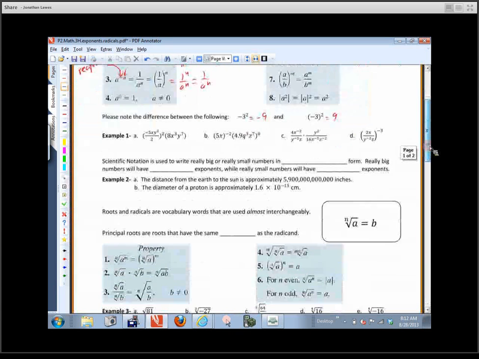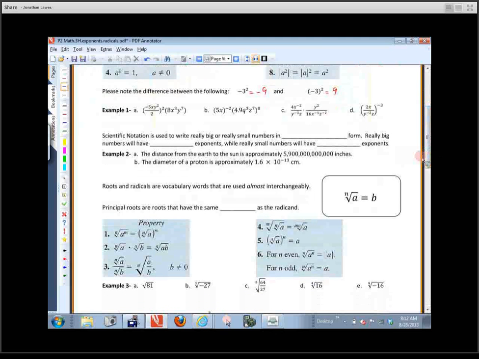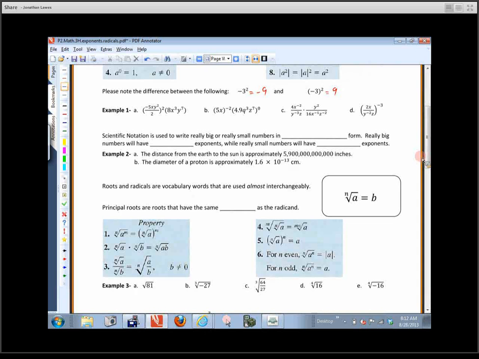Okay. And again, I'm gonna go through pretty quickly. I may not do all of these examples so that you can have time to work. I'm gonna focus on the ones that I got questions on. So if we have something like this, we're going to apply those properties up above. So I can apply that power to every one of these. So I can apply it to the negative, the 5, the x, and the y squared, and then the 2 in the denominator.